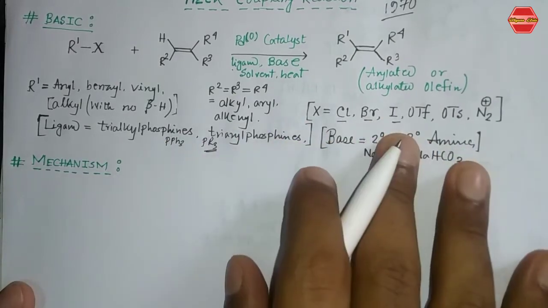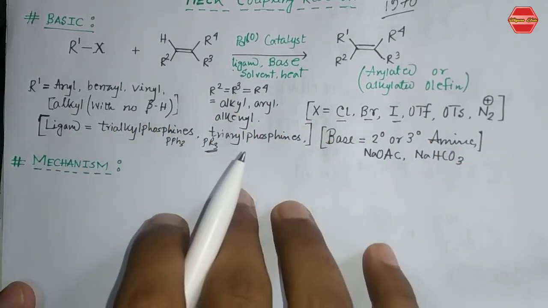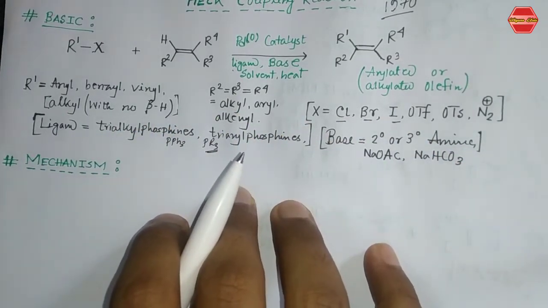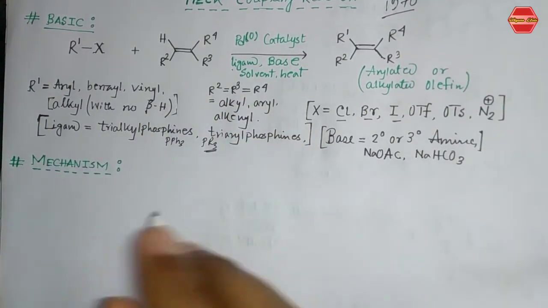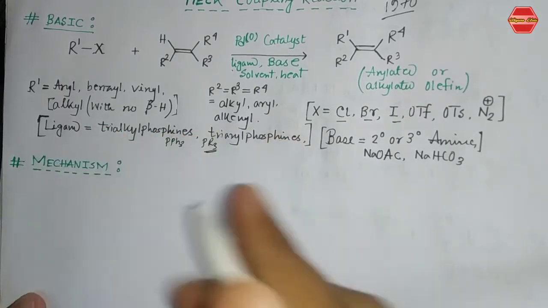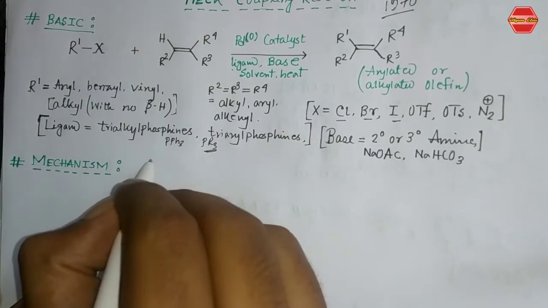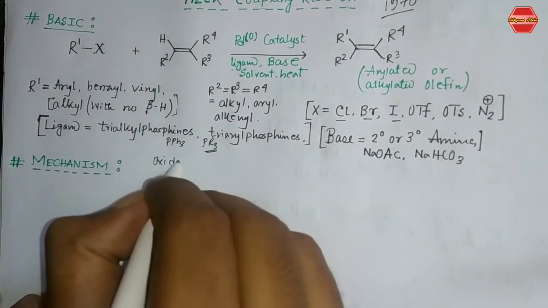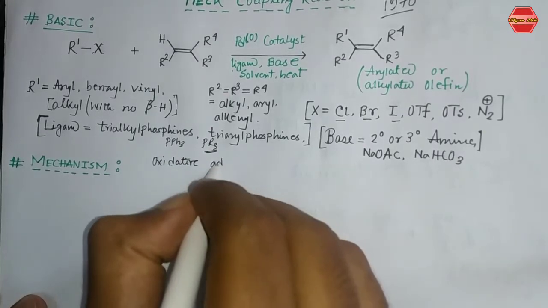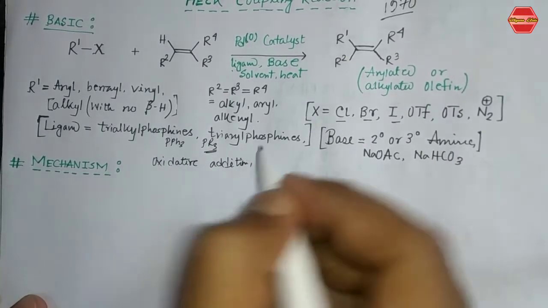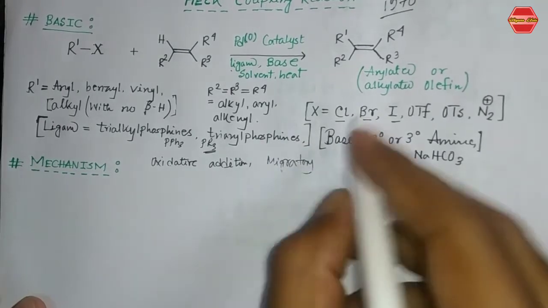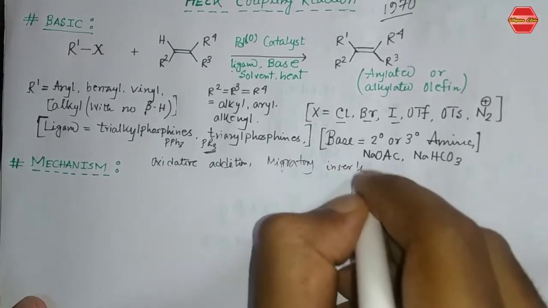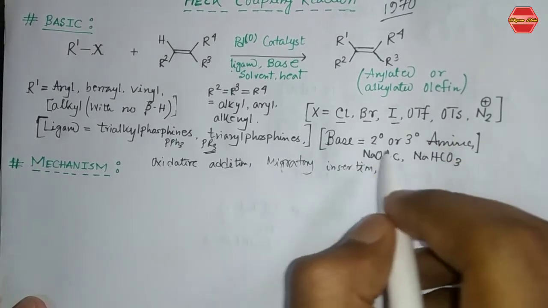I think you all know them: oxidative addition, migratory insertion and reductive elimination. These three parts are very important. The first part is oxidative addition, then migratory insertion, and third is reductive elimination.